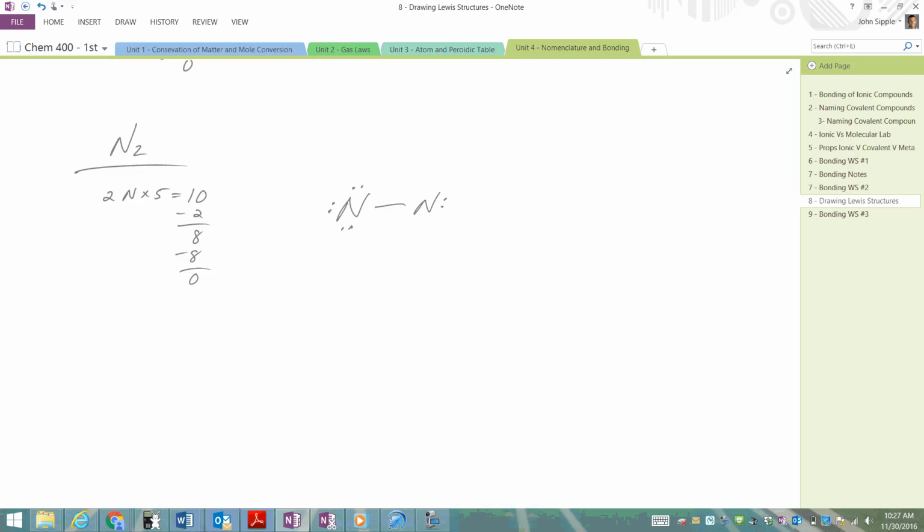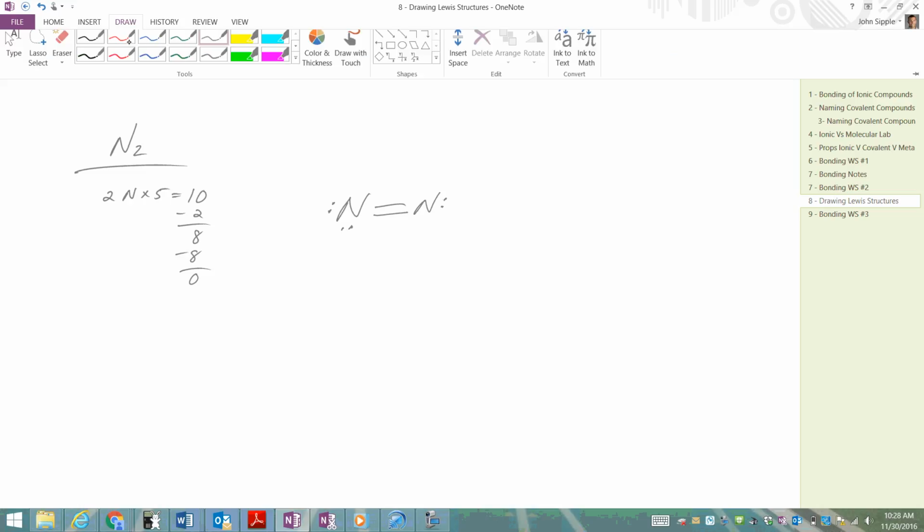So what do we start to do if we run out of electrons? Start doing double bonding, start shifting them over. So I'll steal this lone pair and draw in a bond. We good to go here, Will? No. What should we do?